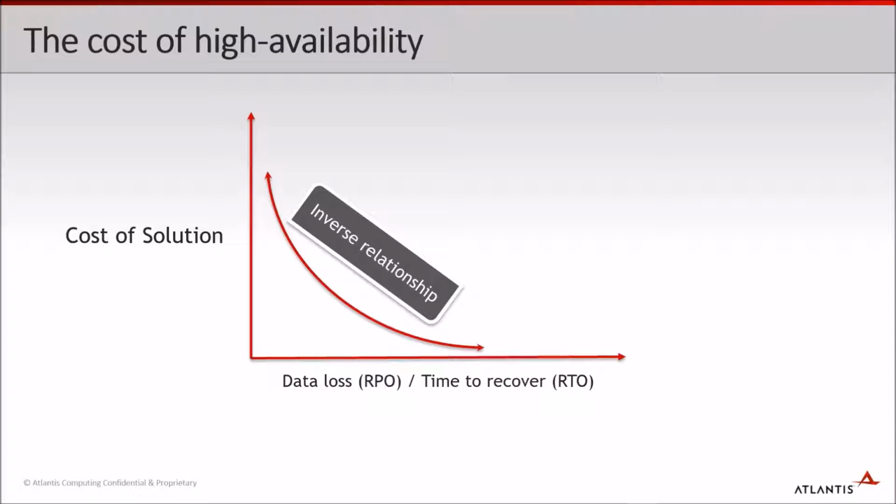a disaster has struck. If you, as a customer, are comfortable with high RPO and high RTO, let's say an RPO in hours and an RTO of 60 minutes or so, the cost of the HA solution can actually be very cheap and simple. People can do, at a very basic level, just snapshots.